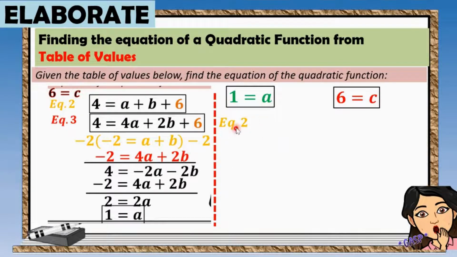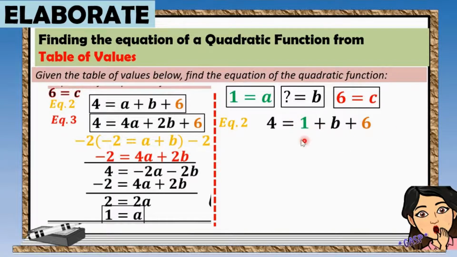I am going to use equation 2. So, hanapin natin yung value ng B. So equation 2 natin, which is ito, 4 equals 1 plus B plus 6. So, simplify lang natin to. 1 plus 6 is 7.